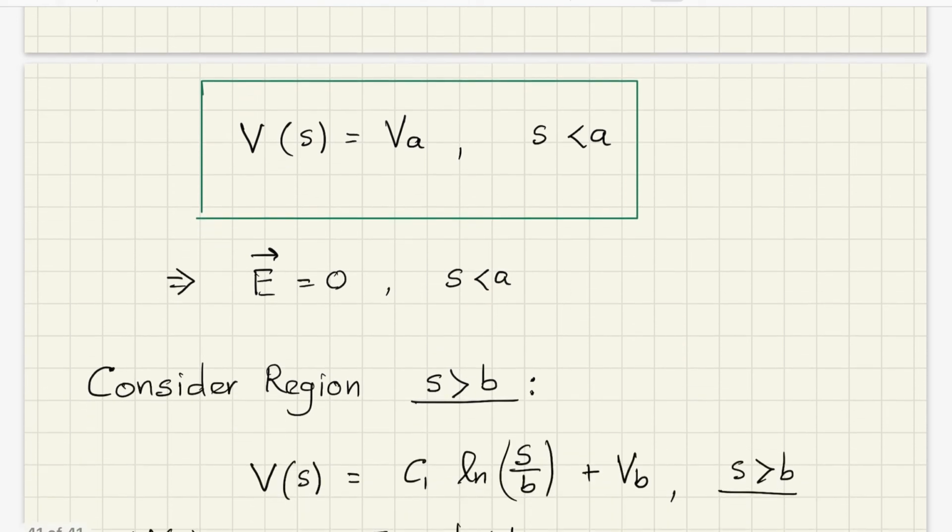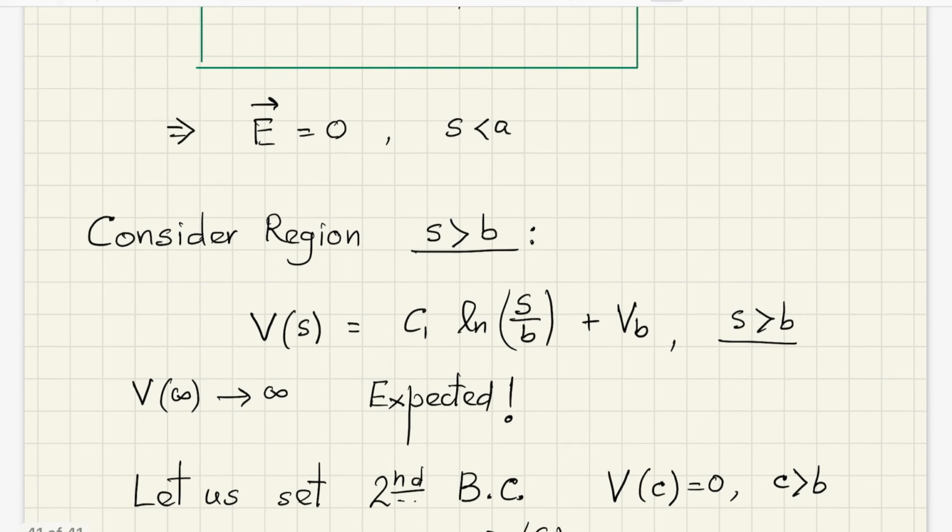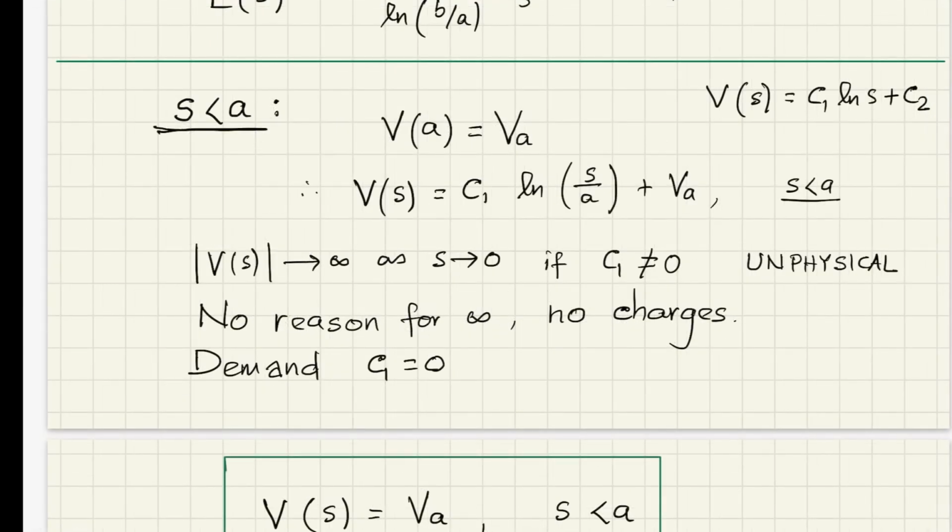Now let's consider the region S greater than B. So for S less than A, we had demanded that at S equal to A, it will be VA, that is fixed, and hence going back to the original general solution, V of S, I have to fix C1 now. Now, if I go to S equal to 0, it tends to be infinity, of course. But there is no reason why, there is no charge there, so why should it be infinity?